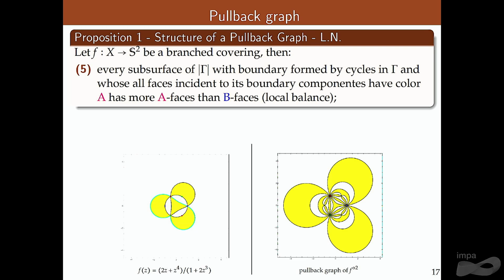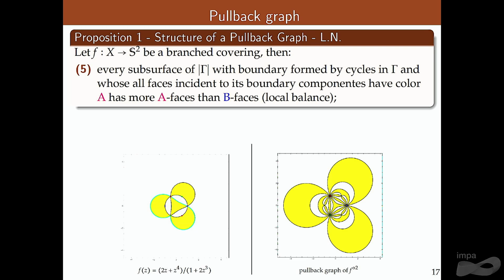Then in that component, there are more A faces than B faces, so more yellow faces than white faces, as you can see here, okay? I comment that this picture is associated to an example that Caroline showed yesterday in her talk, for period 3 anyway.